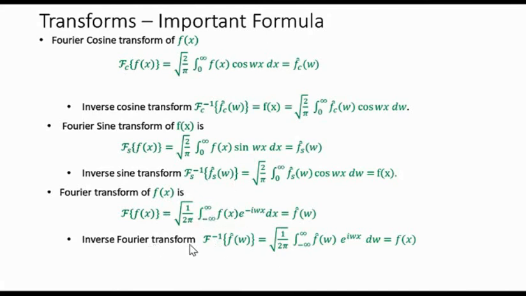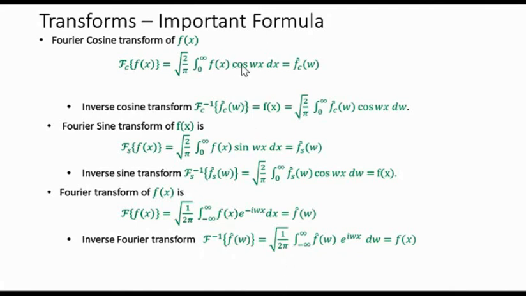And you should also observe that for finding the inverse of this F cap omega, you need to multiply f of x with e raised to plus i omega x instead of minus i omega x. The constant is the same, but you need to take the positive sign of e raised to i omega x for finding the inverse Fourier transform.